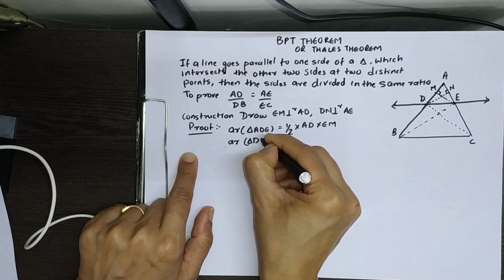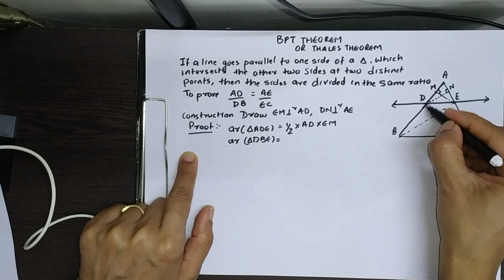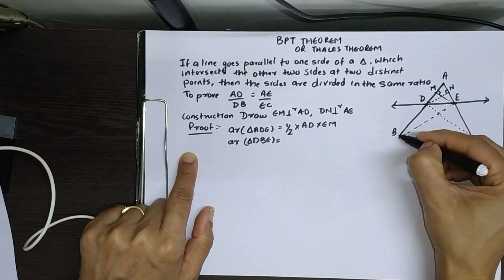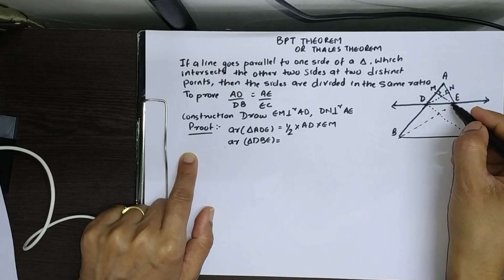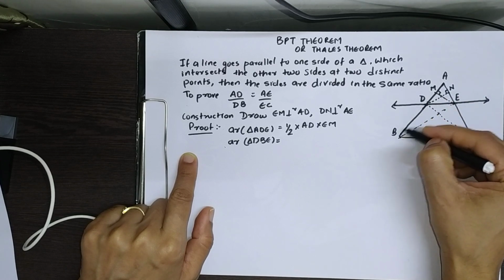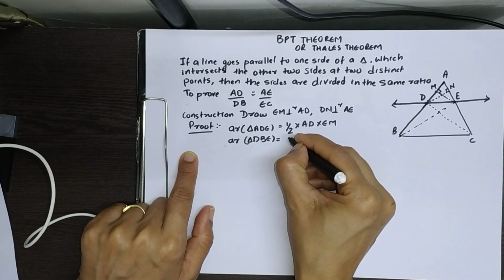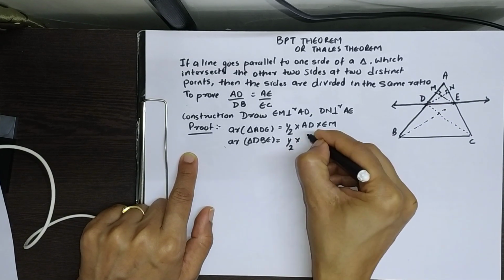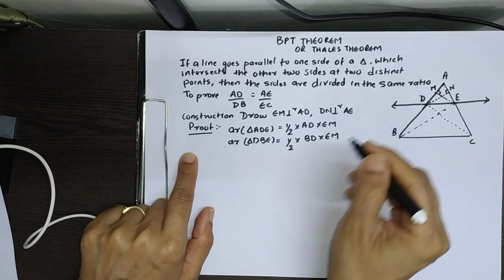This is DBE. Okay. This is triangle DB and E. And because this is an obtuse angle triangle, we all know the altitude always lies outside the triangle. So for this triangle, that is BDE, the altitude is again EM. So can I write down half into BD? BD is the base and altitude EM is lying outside the triangle.